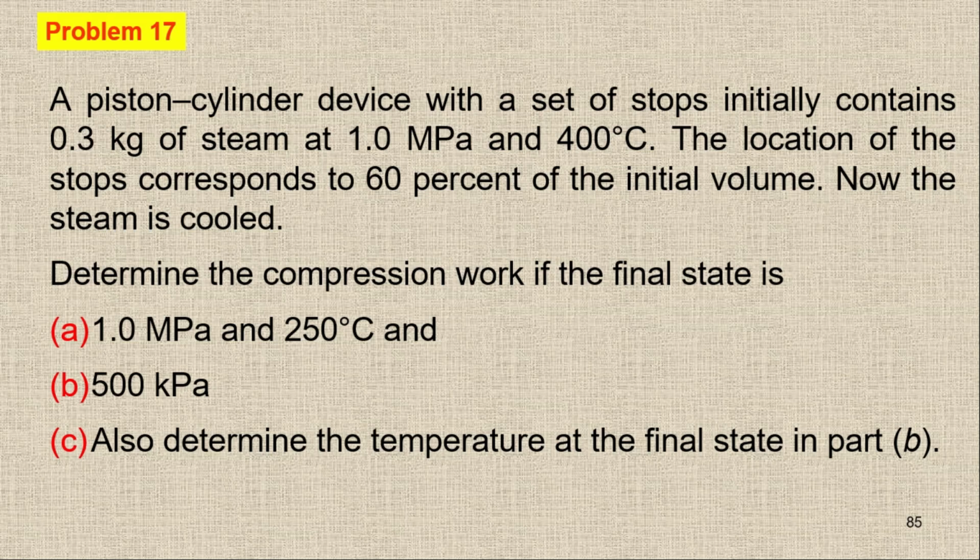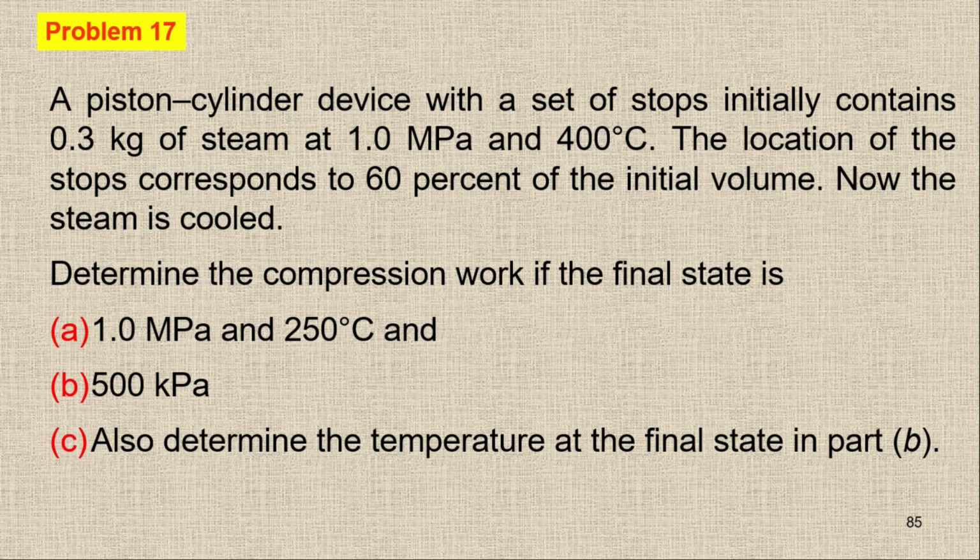Now the location of the stops corresponds to 60% of the initial volume, meaning the maximum final volume will be 60% of the initial volume. And because you are going to compress it, you will get a negative answer for the boundary work.